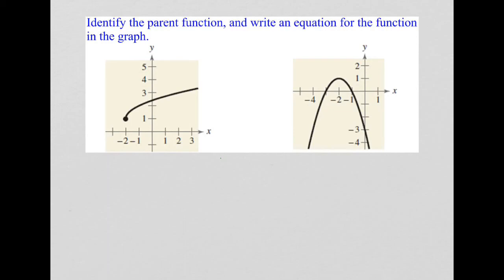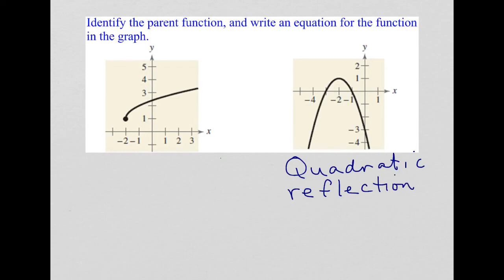Okay, our next function, we notice that it is a parabola. So we know what it should look like. We know the parent function for a parabola is called quadratic. And then we want to look at what kind of shifts I have, or any other transformation. Well, I know I have a reflection, and I have a horizontal shift to the left 2, and a vertical shift up 1.